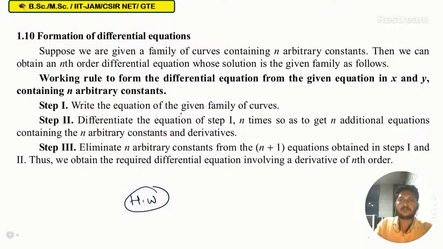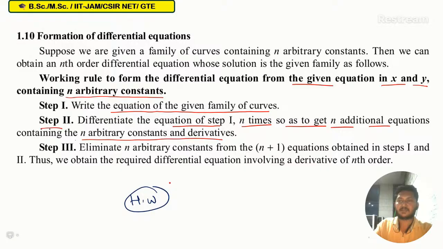The working rule to form a differential equation for the given equation in x and y, where there is an arbitrary constant: the first step is to write the equation of the given family of curves, and in the second step differentiate the equation. Then differentiate again, n times, so as to get additional equations containing arbitrary constants and derivatives.